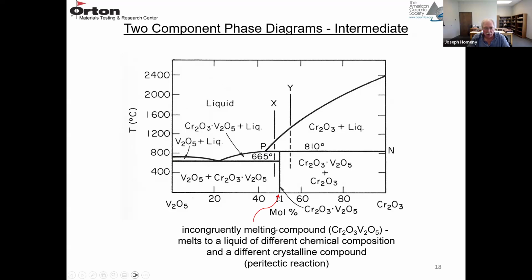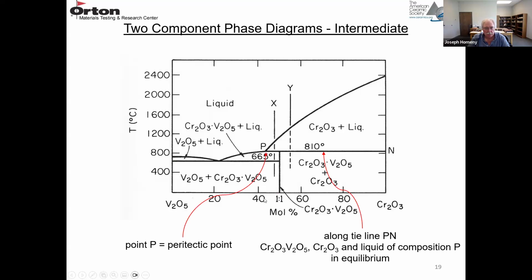So we did a congruently melting compound, and this is an incongruently melting compound. So P is the peritectic point, and then this tie line from P to N, it's at 810 degrees C. These are equilibrium phase diagrams.